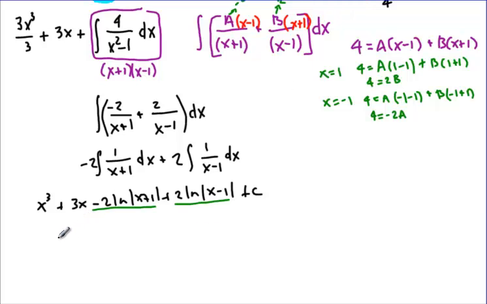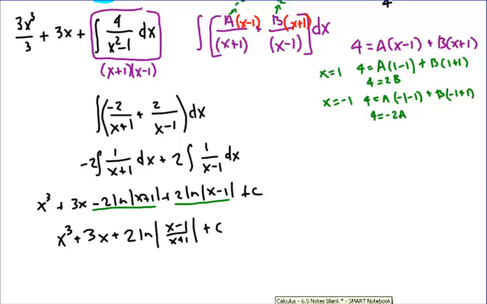So what we could have, which is actually the easiest to see visually on paper, is x cubed plus 3x plus 2 times the natural log of the absolute value of the top minus the bottom. So it's going to be x minus 1 over x plus 1, and then plus c. So this is a weird answer for what we're used to. It's a good answer. The process is long, but the integration is easy.